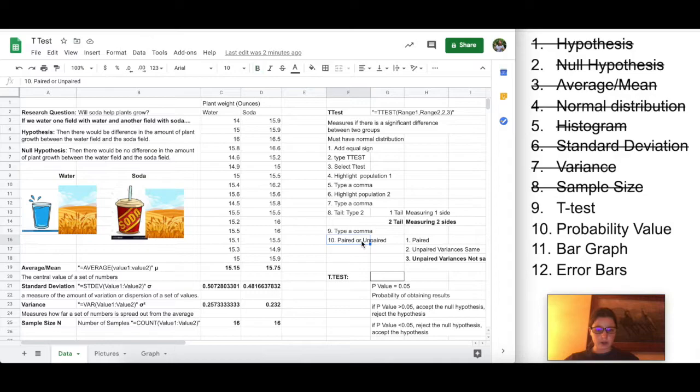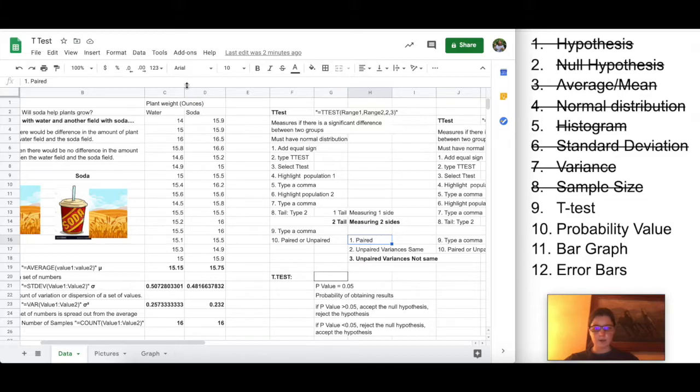Now, paired or unpaired, if it's paired, it means that the population data came from the same group. So a good example of paired data is if you have a group of students and you gave them a quiz one week, and then the next week you gave them another quiz, and then you were comparing the scores from those two quizzes.